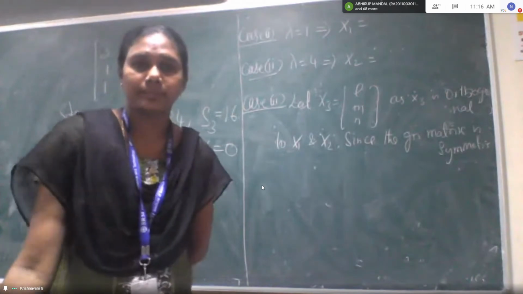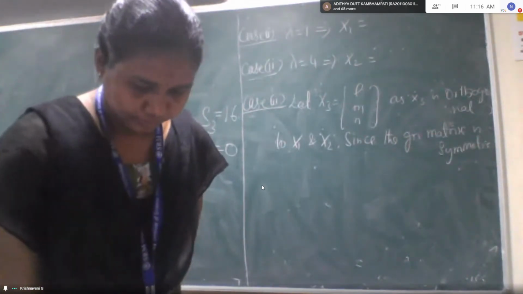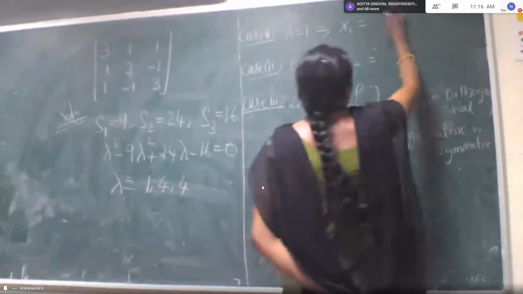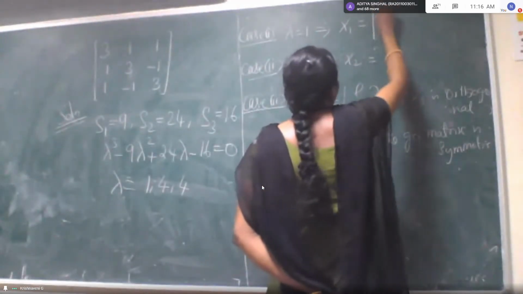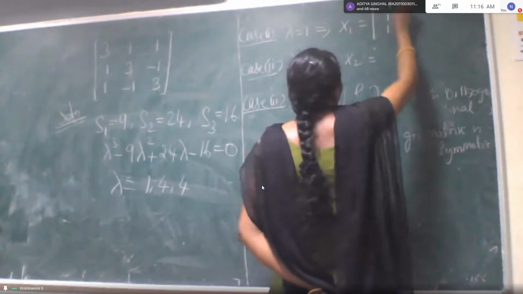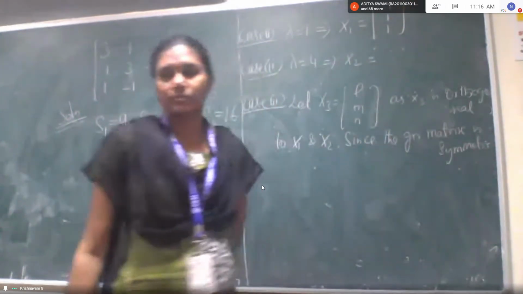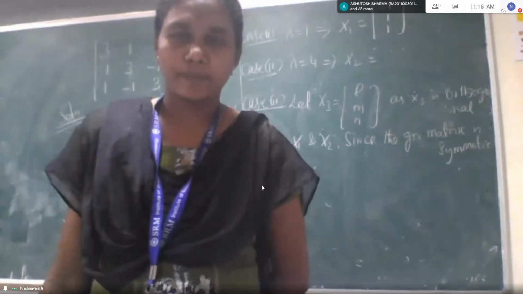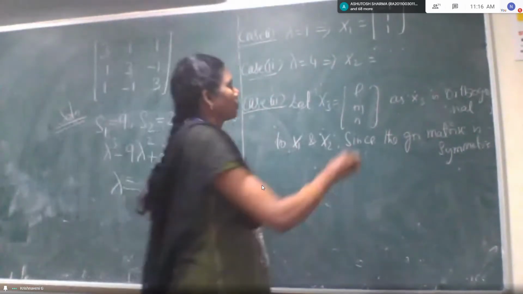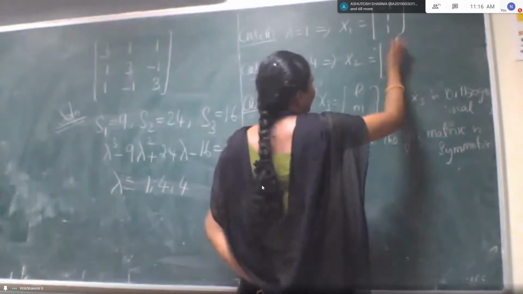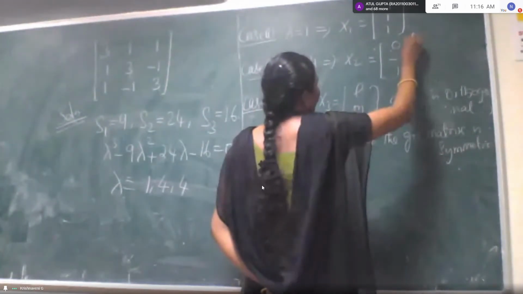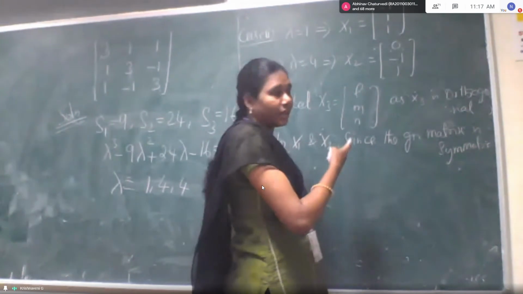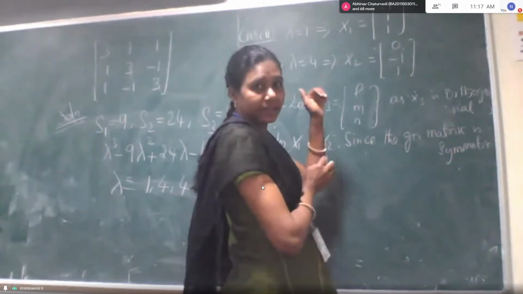X1 is -1, 1, 1. X2 is 0, -1, 1. We can easily check our answer is right or wrong because this is a symmetric matrix.